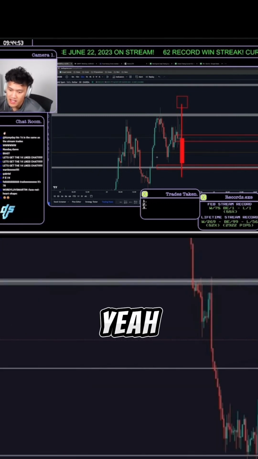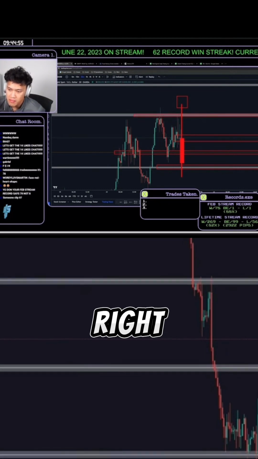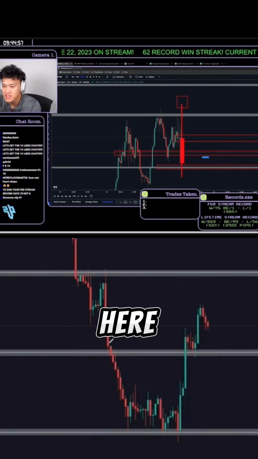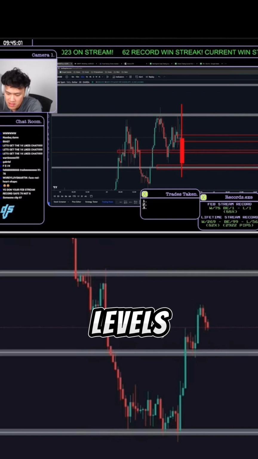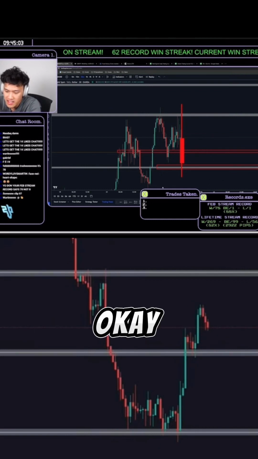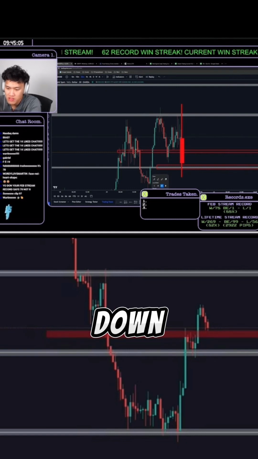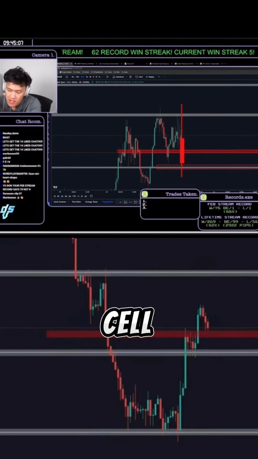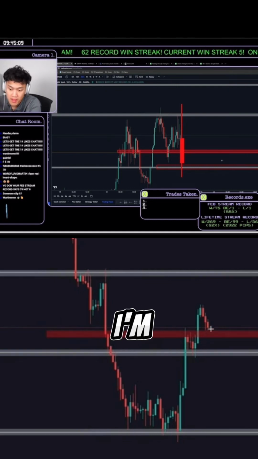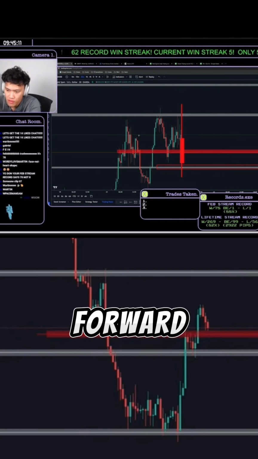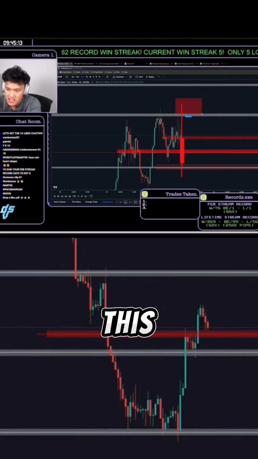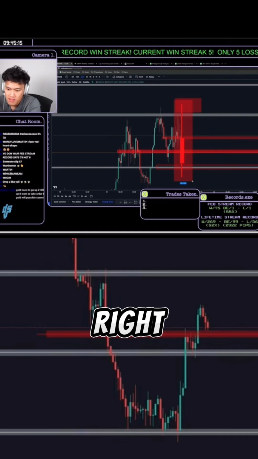So for me, yeah, there's levels here, but these levels here and here would be more like advantage point levels. So understand that once price comes down towards these levels, if I were to take a sell, I'm moving stop to break even here, but I'm not looking for a breakout here. I'm looking for the flip here. Understand that I need this to come down, right?